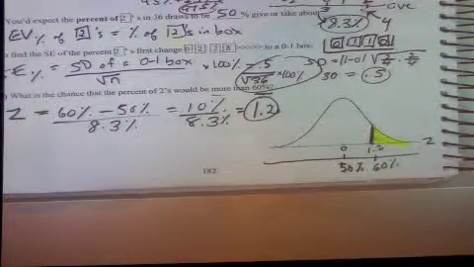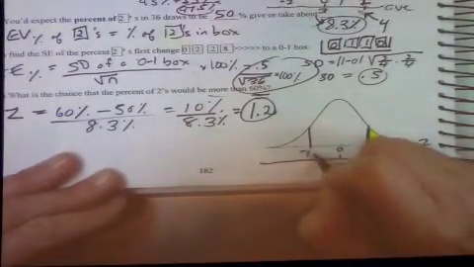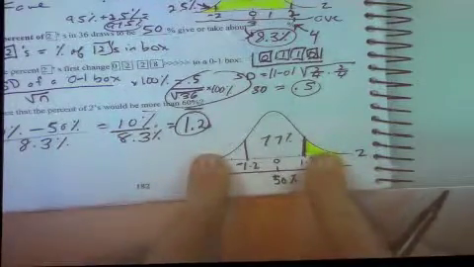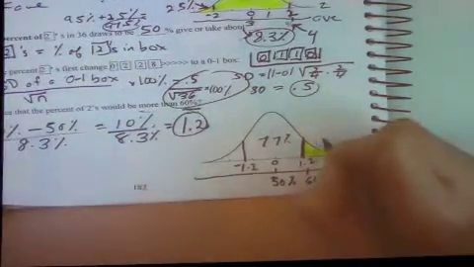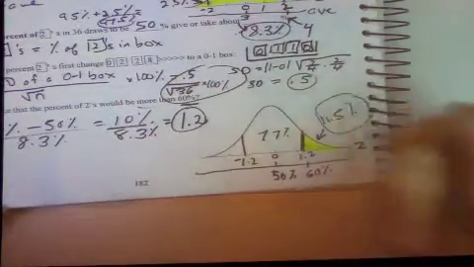Between 1.2 and negative 1.2, we have to look that up, would be 77% in the middle, and you know where to go from there. 77%, so that's 23% divided by 2 is 11.5% on each tail. That's our answer.